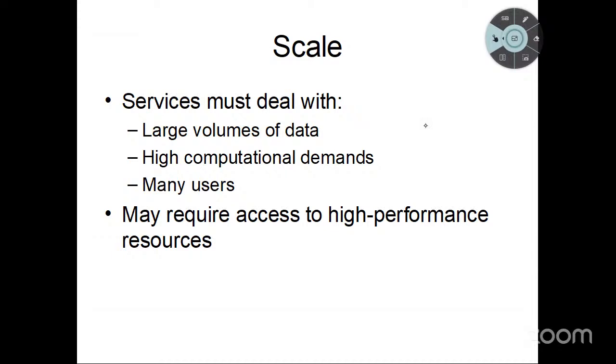So if I increase the scale of people using your service, more people are using it, what happens to your service? It should survive. For example, today you have only 70 members, or 30 members, or 50 members, whatever the count.